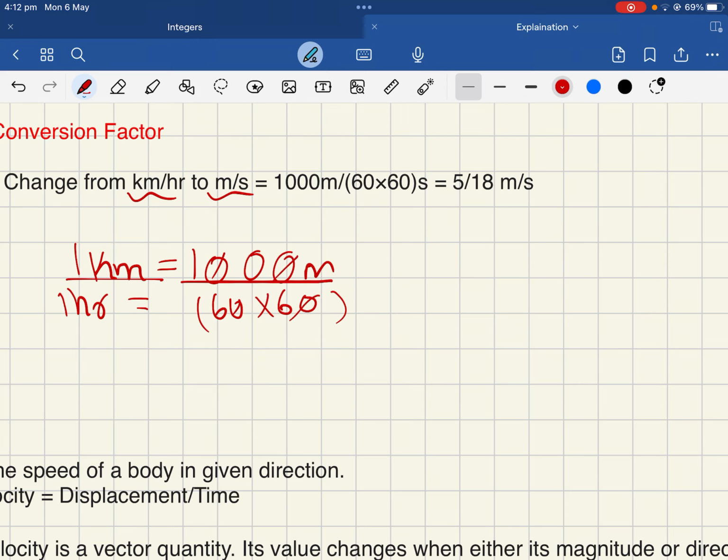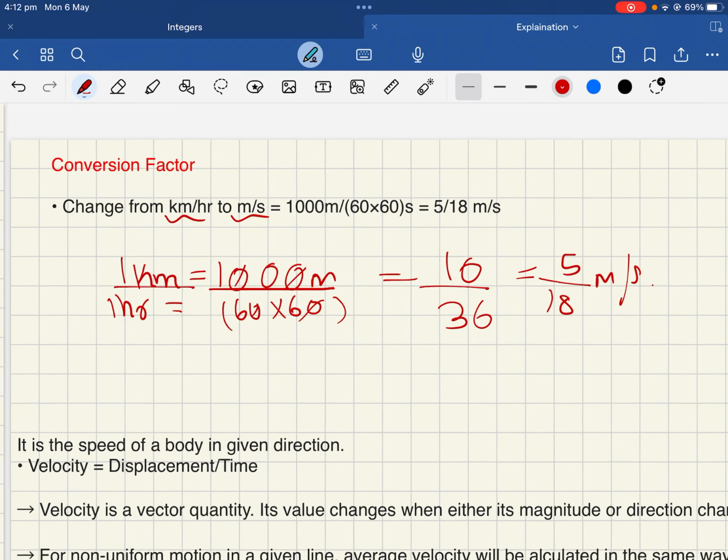Just cancel the zeros, and that would become 10 by 36, which is equal to 5 by 18 meters per second.